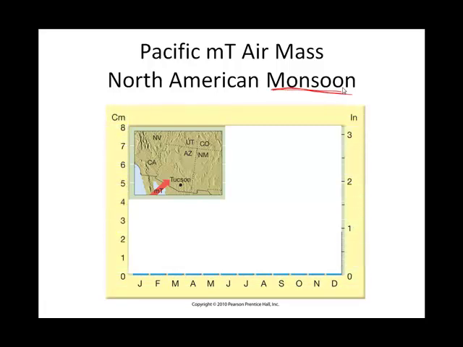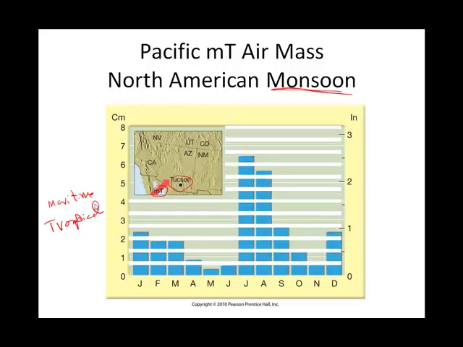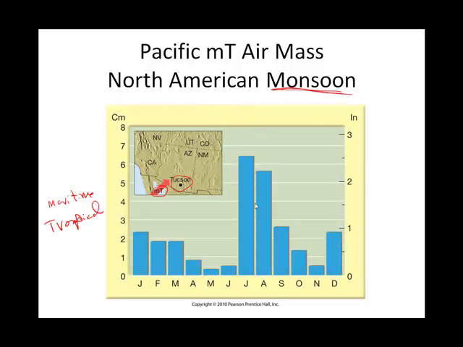And as you might imagine, you can see North America here, Tucson, Arizona. MT, of course, stands for Maritime Tropical. And we said that a source region is here in the Pacific. So what happens in the summertime is we have that warm, moist air moving in from the Pacific, and it hits the land, and it piles up and then begins to lift.